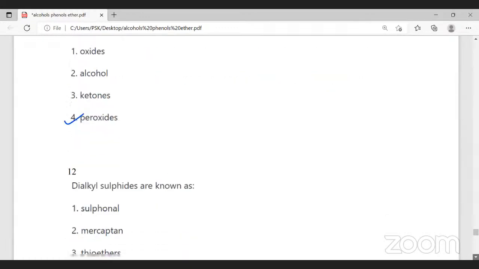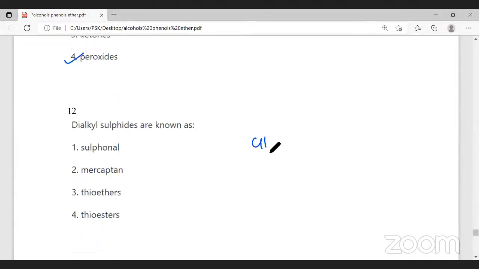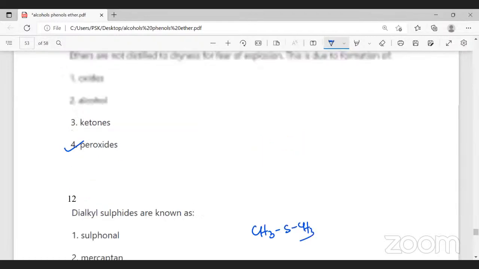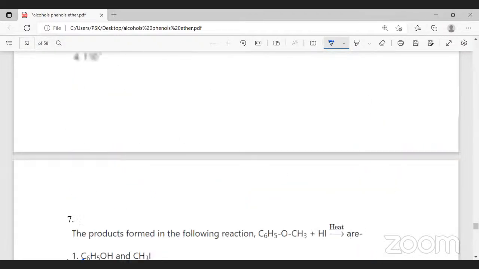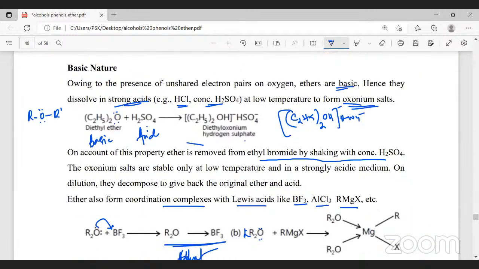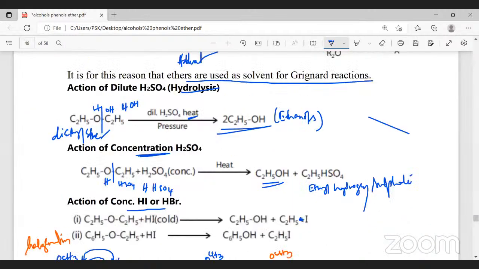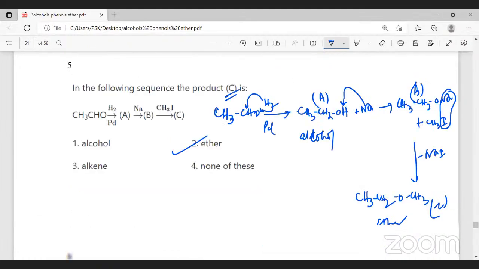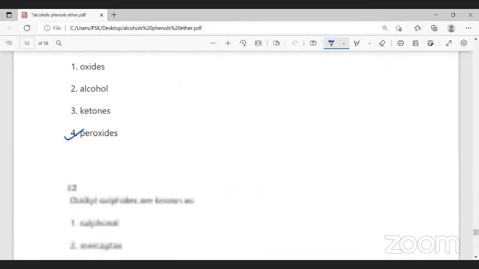The next one. Dialkyl sulfides are called what? Sulfenols, mercaptan, thioethers, thioesters. It's called thioethers. We learned some of the reactions. I think I erased it, it's not there, but I taught you. All right.